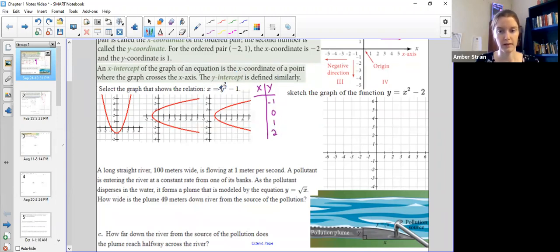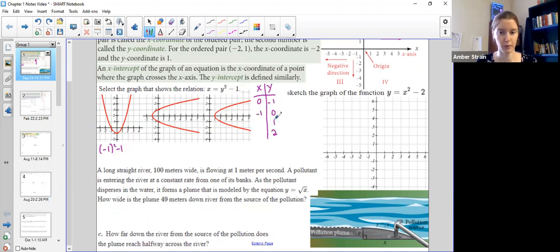So if I were to replace the value of y with a -1, remember that we would need to use parentheses because the whole thing is what's going to be squared. So -1 in parentheses squared would be 1, 1 minus 1 would be 0. If I replace that letter y with a 0, 0 squared minus 1 would be -1.